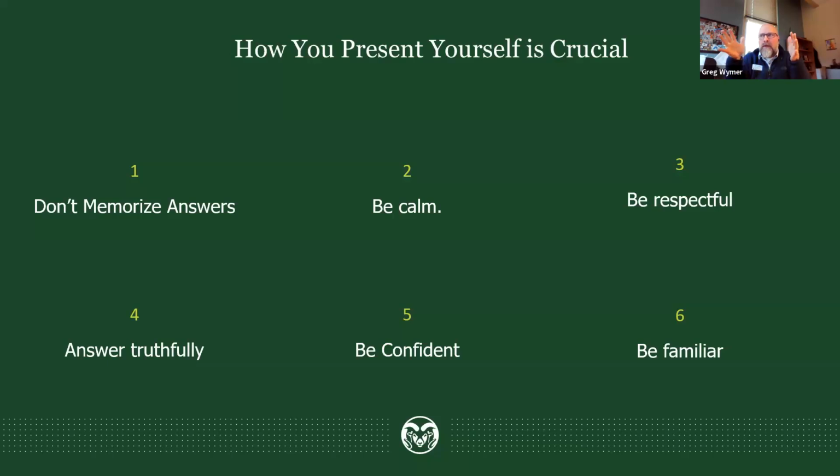So there's 6 key steps. One, don't memorize your answers. It's important that it doesn't seem like you have a speech that's memorized. They want to just talk with you genuinely and find out what your perspective is, what your intent is, what you desire to do, so on and so forth. So do not memorize your answers.